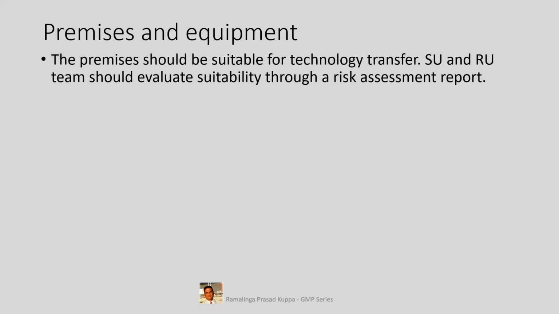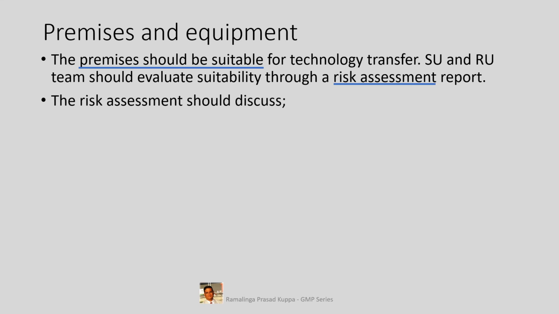Let us see how the premises and equipment are handled during technology transfer. The premises should be suitable for technology transfer. SU and RU team should evaluate suitability through a risk assessment report.